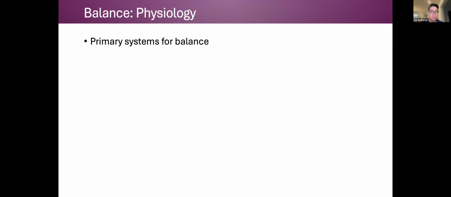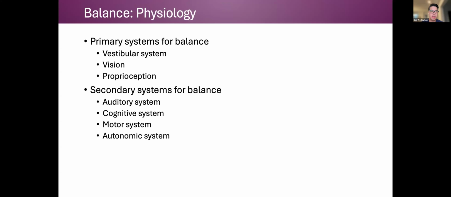And so just to jump into this a little more, the balance portion of things, there's three primary systems for balance. They are going to be the vestibular system, vision, and proprioception. And beyond the primary systems for balance, there's secondary inputs here.